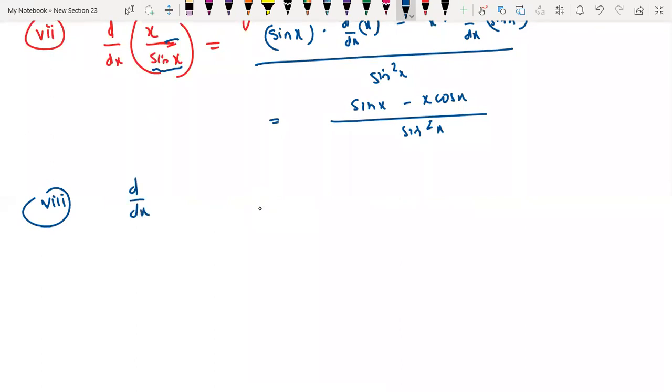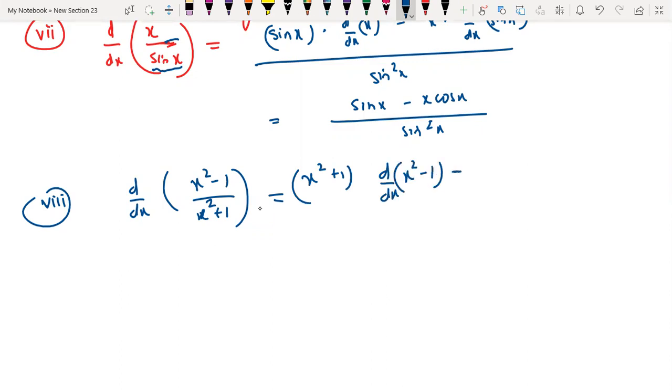Yes, Shriya. Yes, sir. x square minus 1 divided by x square plus 1. I think this was the question. Yes, sir. What will be the answer? So, sir, x square plus 1 into d by dx of x square minus 1, minus x square minus 1 into... x square plus 1 whole square.